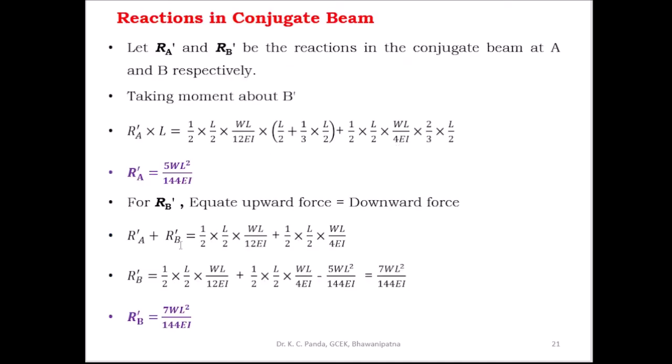So RA dash plus RB dash is equal to half into L by 2 into WL by 12 EI plus half into L by 2 into WL by 4 EI. Then after simplification, RB dash is equal to 7 WL square by 144 EI. So these are the reactions at A dash and B dash in the conjugate beam.